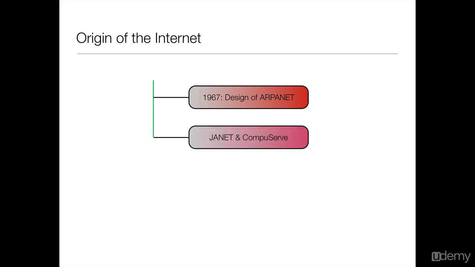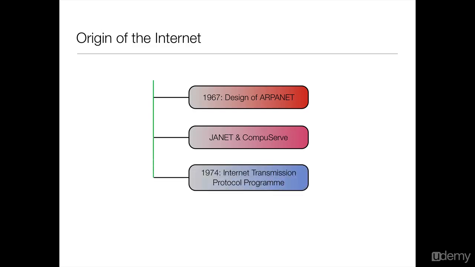At a similar time, Janet in the UK was developed as a network for educational services, and within the US, ARPANET was extended with CompuServe as a network for non-military usage for small businesses. And those started to be used for transferring files in a somewhat unstructured way.